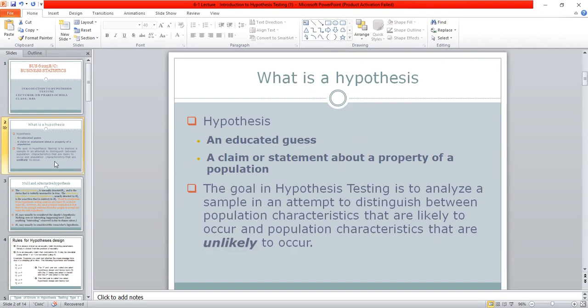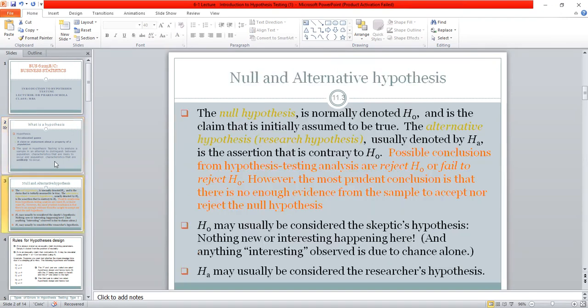It's normally denoted by H0, or H subscript naught. So when you see an H subscript naught in the context of hypothesis testing, we know you are talking about the null hypothesis. You remain neutral, and we will show you how you remain neutral when you are stating the null.